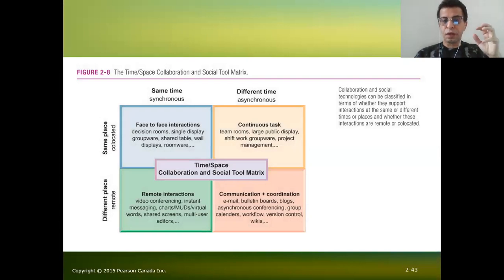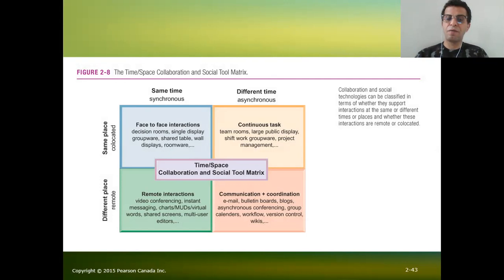The time and space collaboration and social tool matrix. Sometimes our work is at the same time and the same place, so we need synchronous work, working together at the same time, and face-to-face interaction.